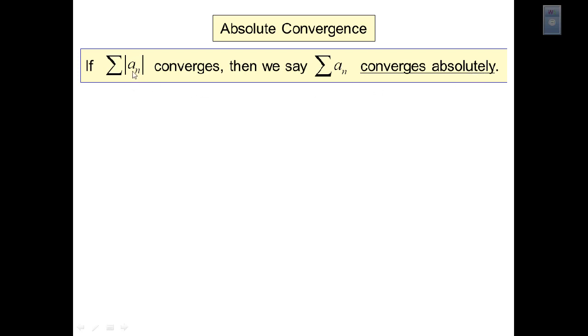What that means is this absolute value here is taking out the possibility of alternating signs and things like that. So if we take out the absolute value and do the series, that means we're stripping out any negative values that would alternate or subtract away from value. So if the absolute value of a series converges, then we say that that series converges absolutely.